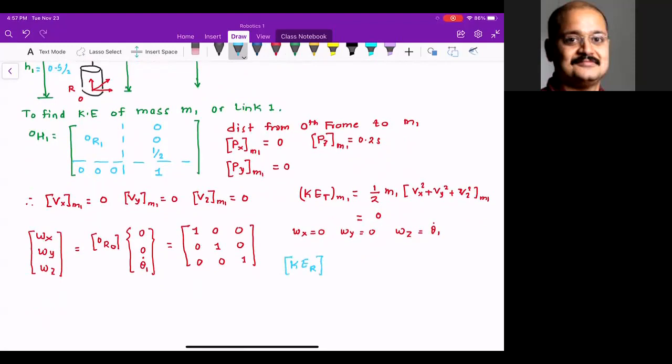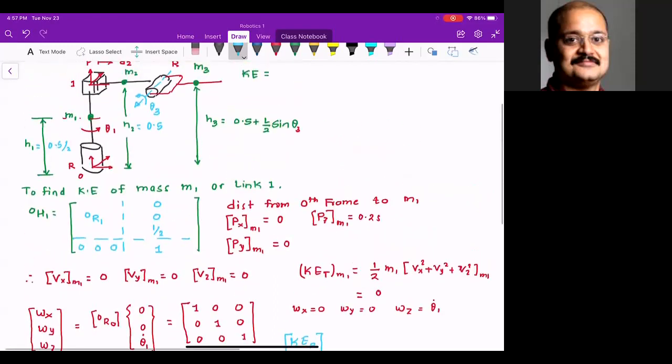And please note, if you just have a point mass, and this is super important, if you just have a point mass and that point mass is rotating, its kinetic energy is 0 because the point mass does not have any lever arm. It does not have radius of gyration. Point mass, radius of gyration is 0. That's why it's a point mass. Everyone understood this? However, this is actually not a point mass, but this is actually a link.